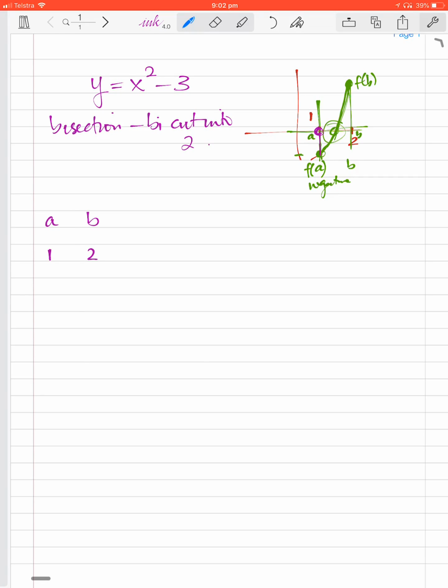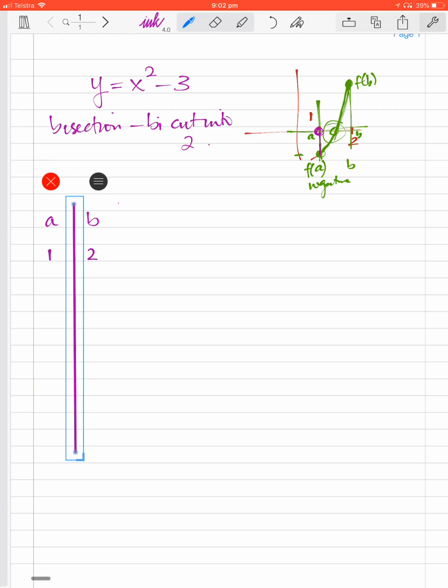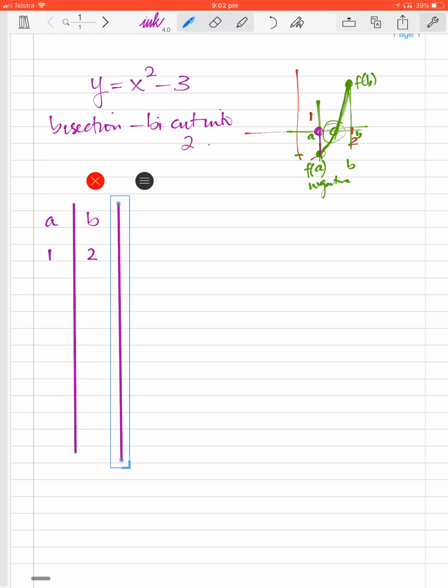So we basically want to find the halfway point of these two values, A and B. If I say A plus B on 2, we're getting the value A, the value B, and then halving it to find some value in the middle.